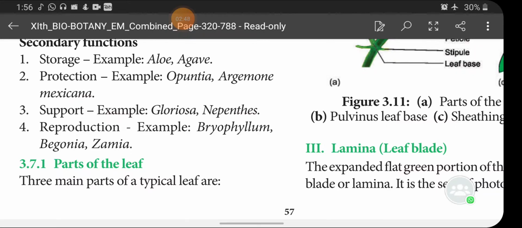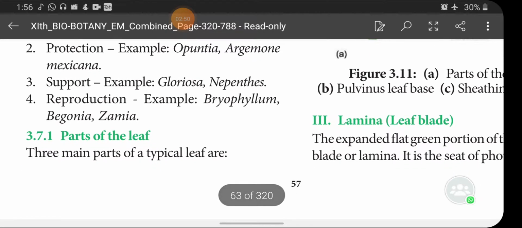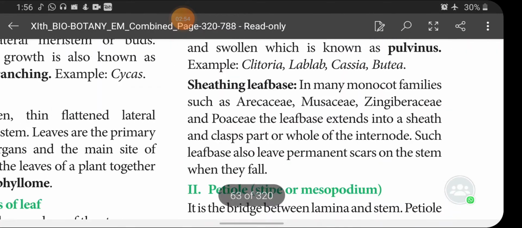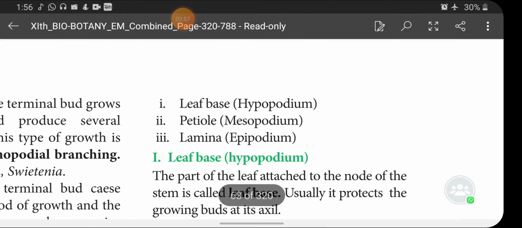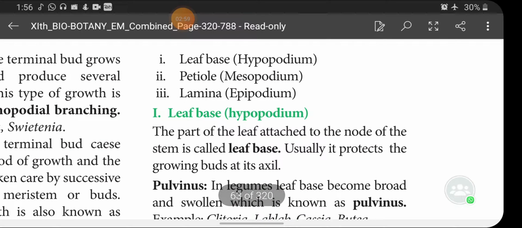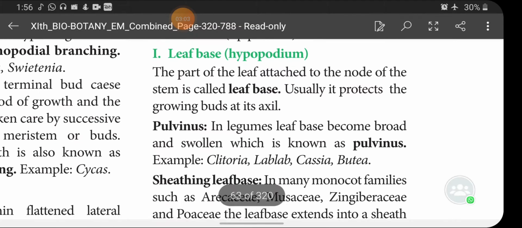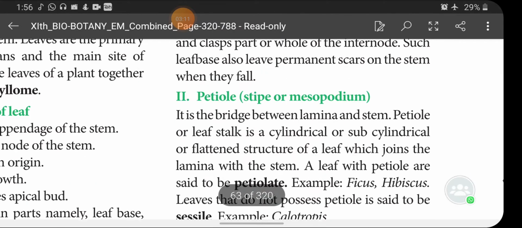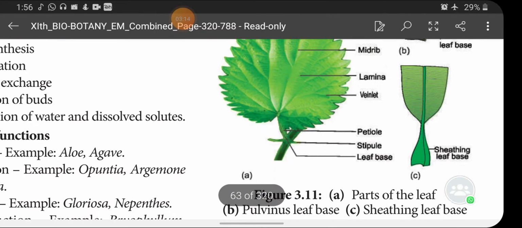Then parts of the leaf. As I said already, it consists of three parts: leaf base, petiole and lamina. Leaf base is called hypopodium, petiole is mesopodium, lamina is epipodium. The part of the leaf attached to the node of the stem is called leaf base. We can learn with the help of a diagram, children.